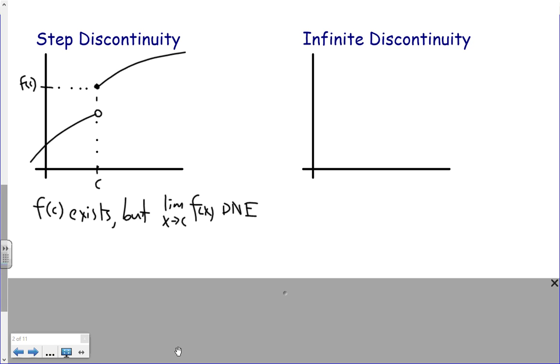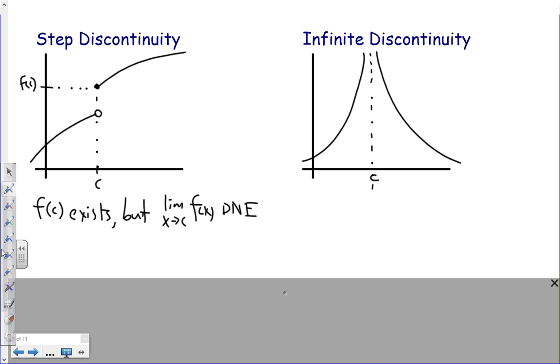All right, the last type of discontinuity we'll look at is, I guess, a new name perhaps for us, infinite discontinuity. You might be more familiar with the word vertical asymptote, is really all we're talking about here. So maybe we've got a function that does something like this. And this is the point C that we're considering here. So at C, we've got this vertical asymptote.